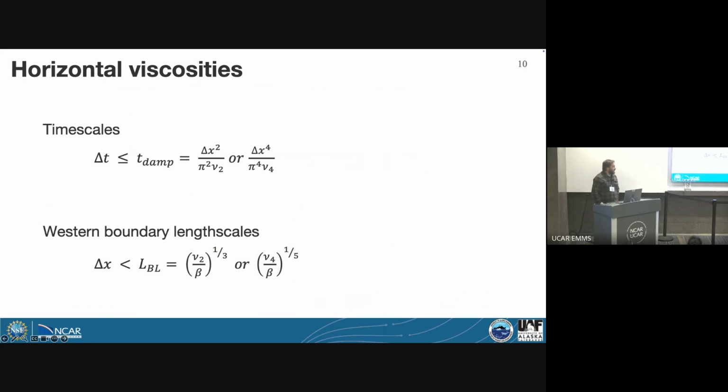I think nowadays we tend to run with resolutions that are fine enough that it is not really a concern anymore. But I just wanted to highlight some of the things that you can consider to help design your model and define the parameter set.